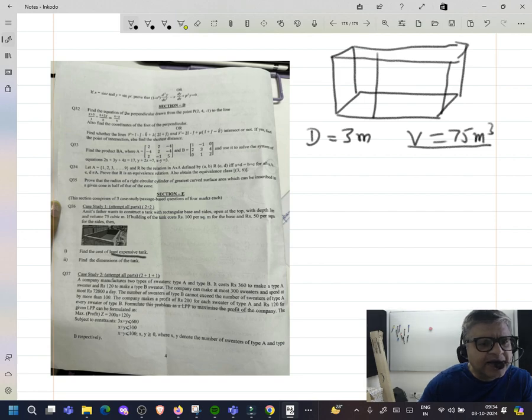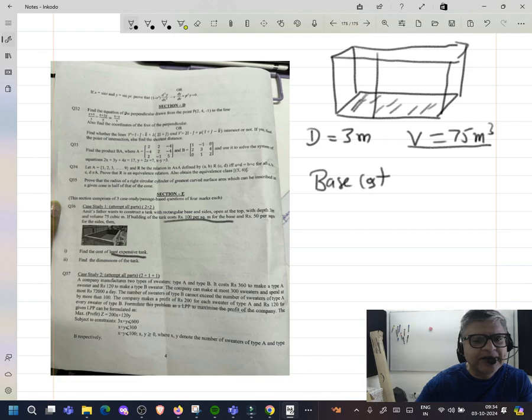Now you need material to build the tank, right? So you will need a sheet of aluminium maybe, and it says that the tank costs rupees 100 for the base. So the base is expensive, right? Maybe it is made of some good material. So the base cost is 100 rupees per square meter, which is area, right?